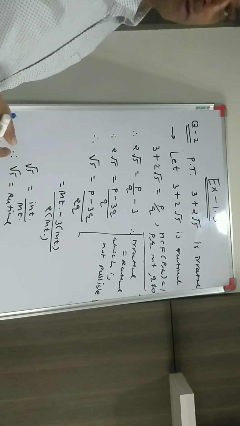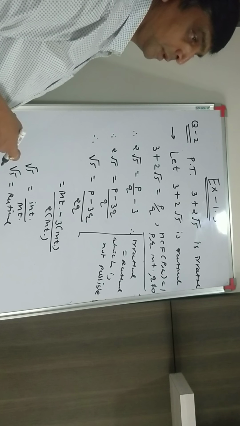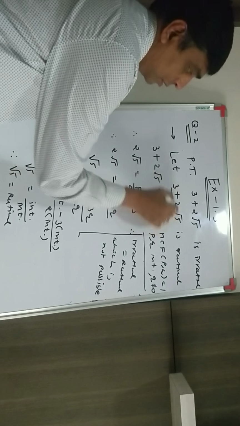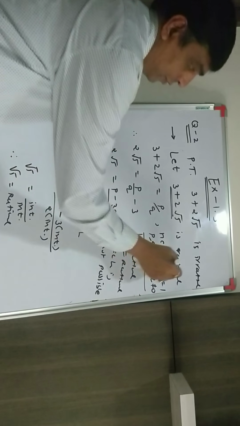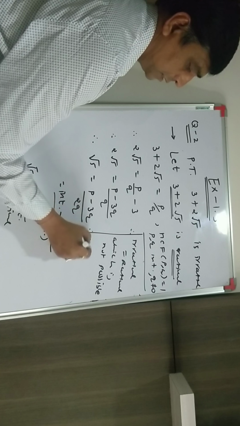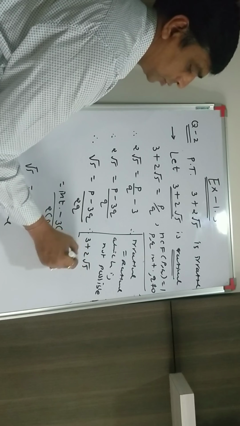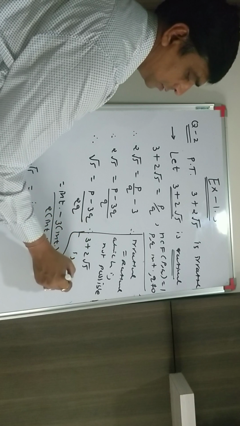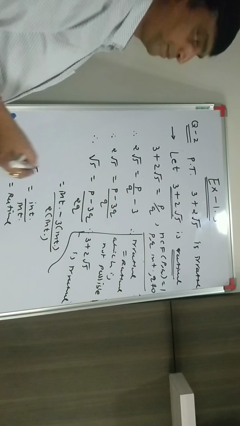Irrational cannot be equal to rational number. And therefore our supposition that 3 plus 2 root 5 is rational is wrong. And we can say 3 plus 2 root 5 is irrational.